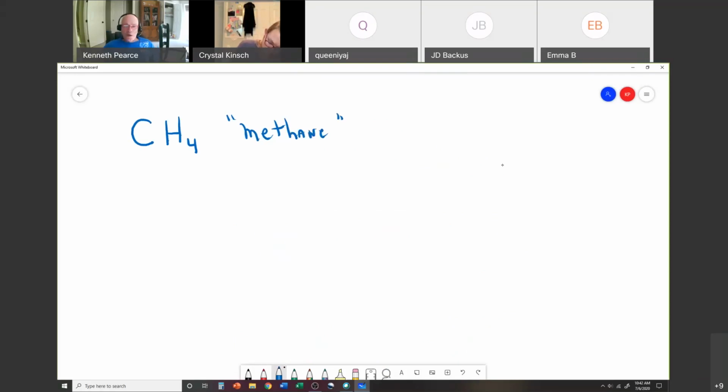Methane is its common name. CH4 is methane. It's the simplest organic molecule. All right, we have methane, we have CH4. Now we want to draw the Lewis dot structure, which is what this is. We want to draw out its structure.